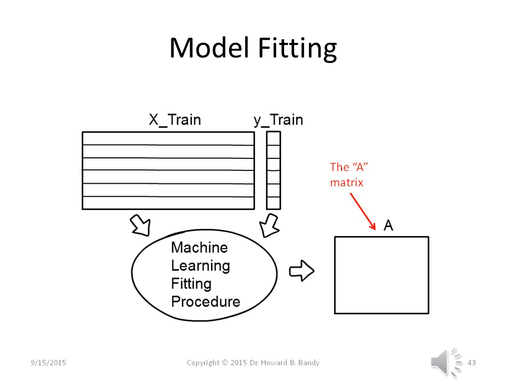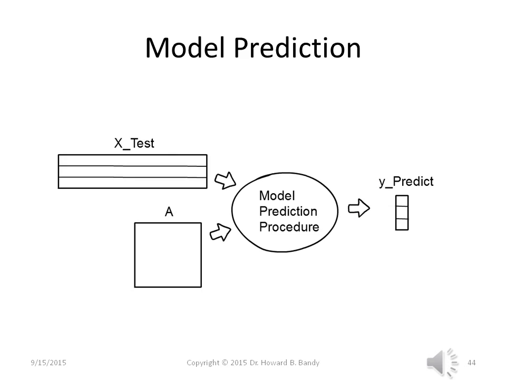So the predictor variables and the target are fed into the machine learning fitting procedure, and the result from that is the A matrix. Once we have an A matrix, we can apply that to any test data that has the same form as the training data. So we use the A matrix to predict the target for some out-of-sample data.